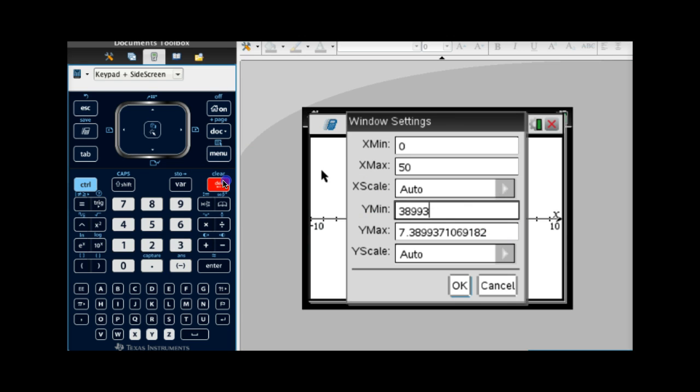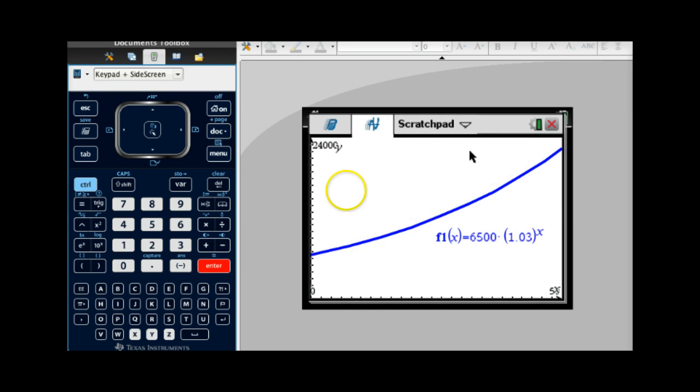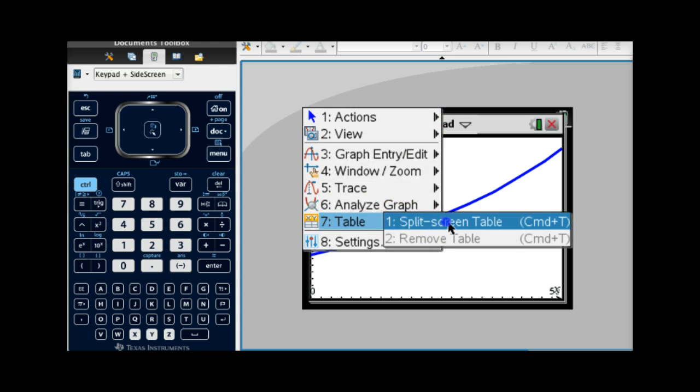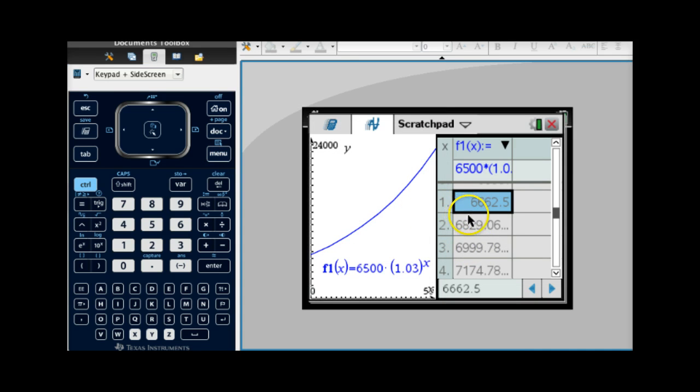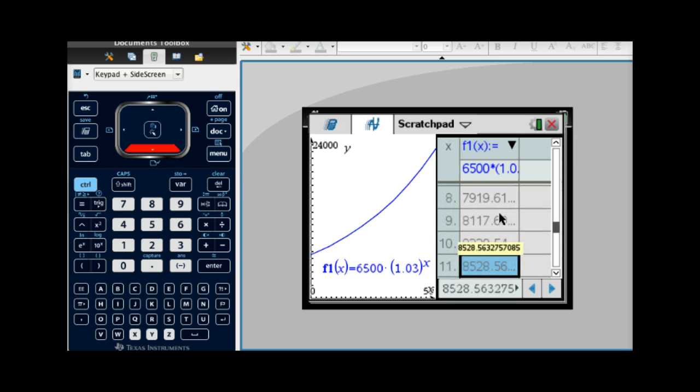The y minimum is 0, and the x max is 24,000. Enter. So you have this graph. Now, menu, I want to go to my table, and I want to know when this y is going to be 10,000. So I keep using my graph, keep going.